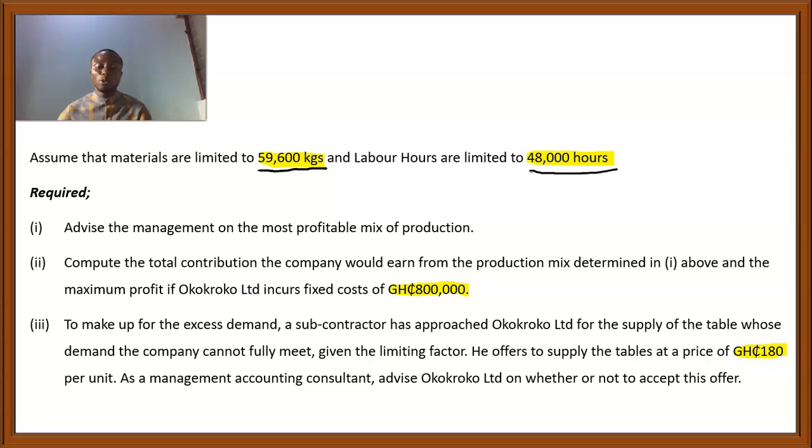Because we have 2 resources, we have to determine which of them sets a limit on the quantity we can produce. So the first thing is the determination of limiting factor.